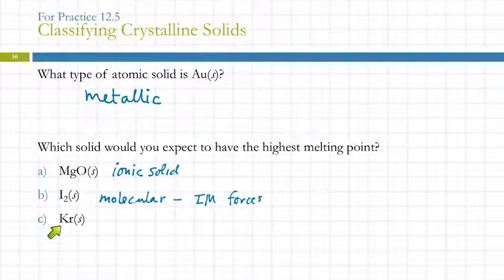What about krypton, solid krypton? It's not kryptonite, that's what Superman has an issue with. Is krypton a metal? Find it on the periodic table. No, it's a noble gas. So it's not metallic bonding. It's not a metallic solid. Is krypton likely to form covalent bonds with other krypton atoms, being a noble gas?